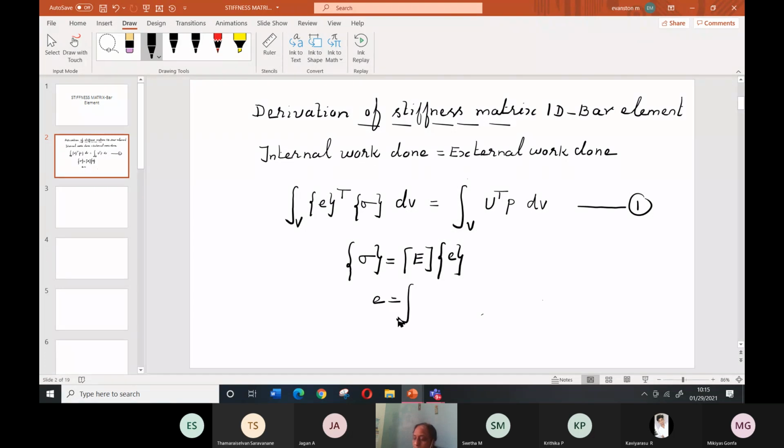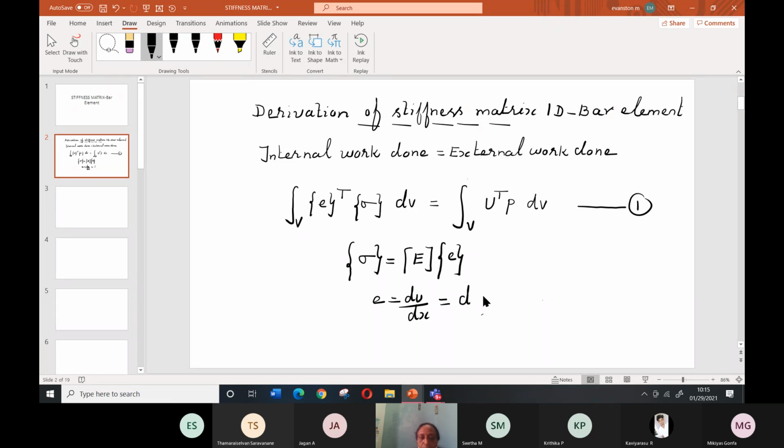Strain is equal to du by dx, that is equal to u.